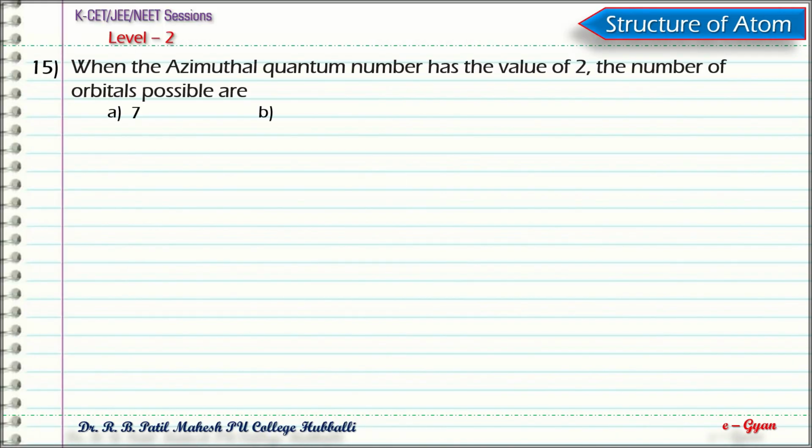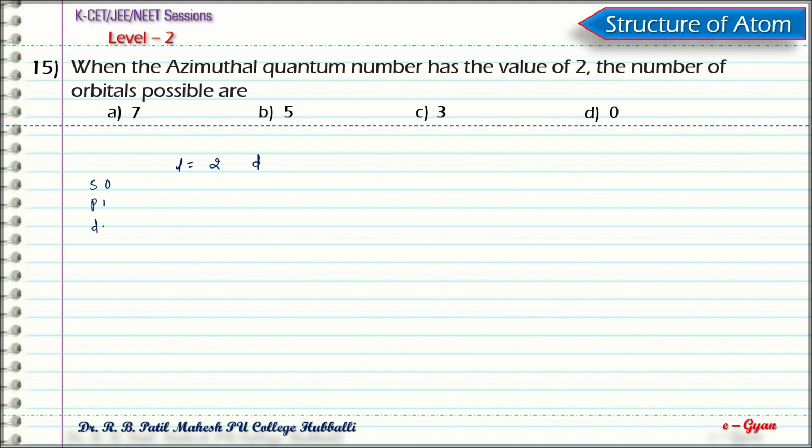When the azimuthal quantum number has the value of 2, the number of possible orbitals are 7, 5, 3, 0. Azimuthal quantum number l equal to 2 represents the d orbital, because for s it is 0, for p it is 1, for d it is 2 and for f it is 3.